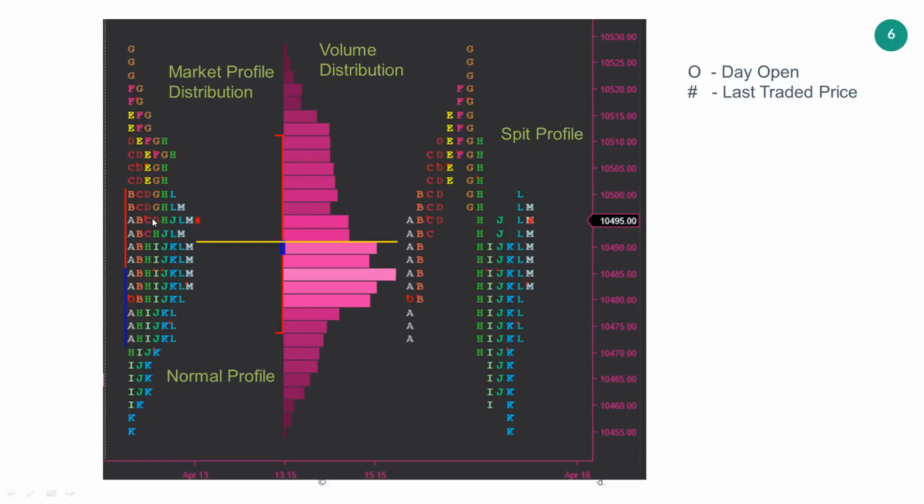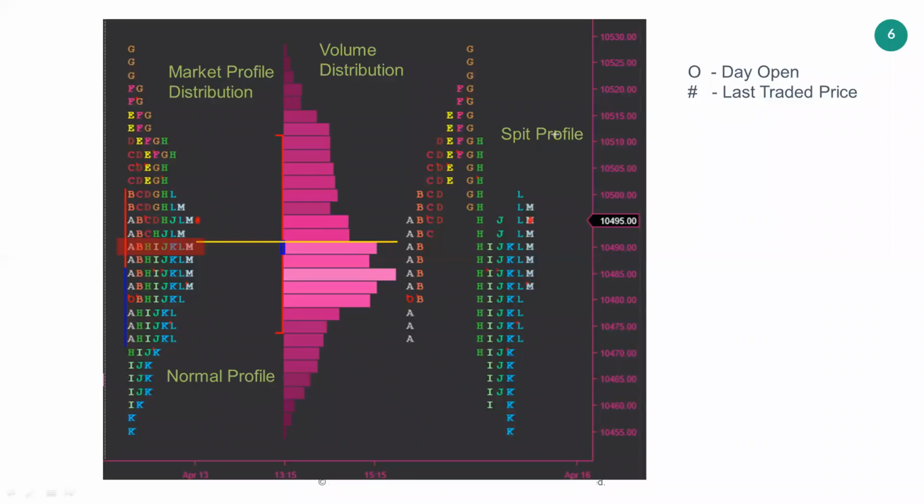For example, look at this example over here. How many letters are you able to spot at the center? This is where more activity happened. Can anybody count and reply back? So, total 8 letters, right?